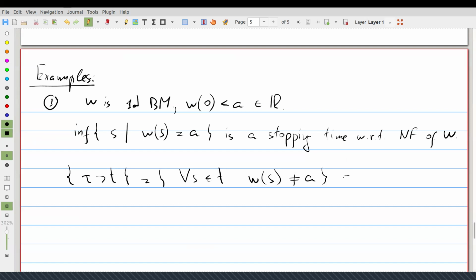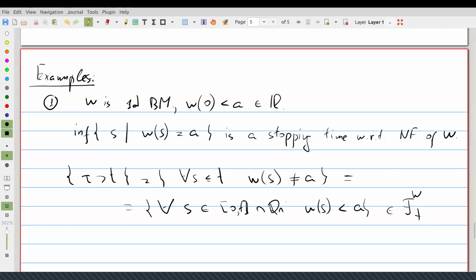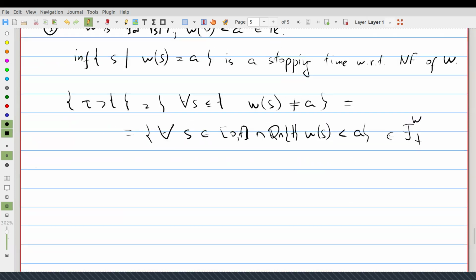But because it's a continuous function, we can say that for any rational s belonging to [0, t], W_s is less than a. And this is obviously in F_t. We can add this t to make everything work.